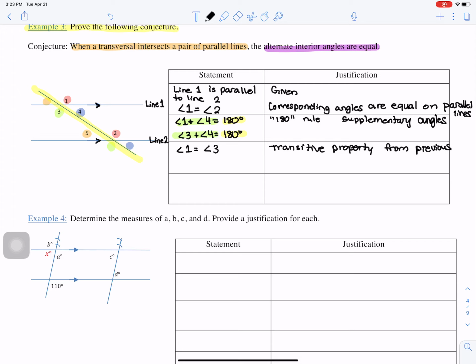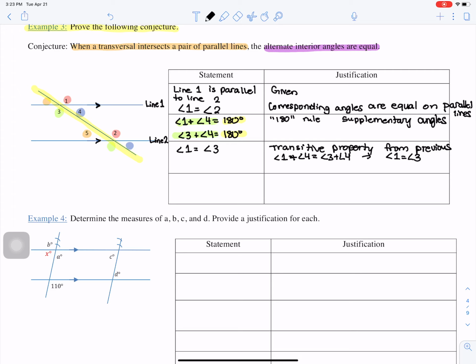So I literally make the greens equal to each other and the yellows equal. So the greens being equal mean angle 1 plus angle 4 has to equal angle 3 plus angle 4. And then if I subtract angle 4 from both sides, I get angle 1 equals angle 3. So that's my result from there.